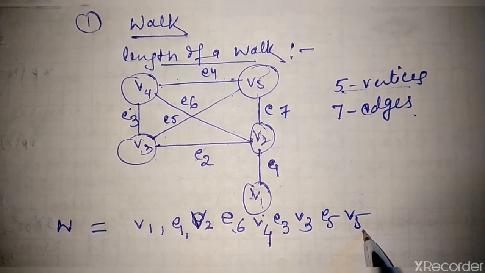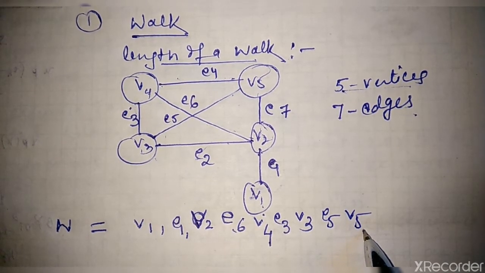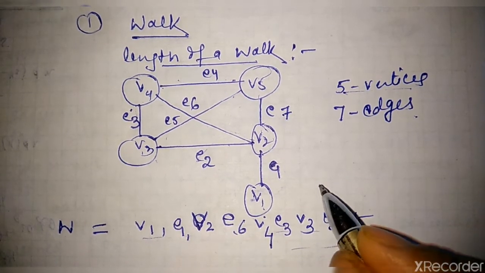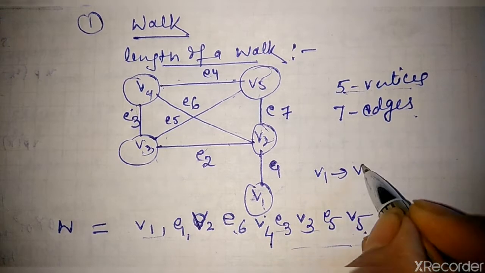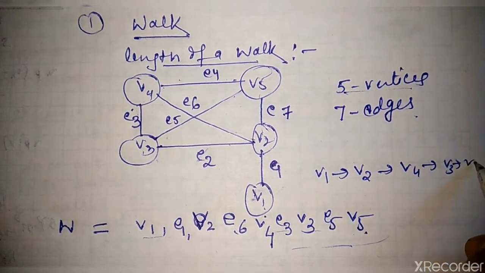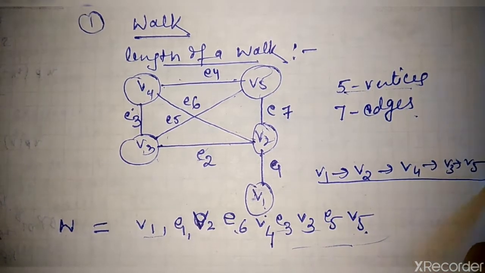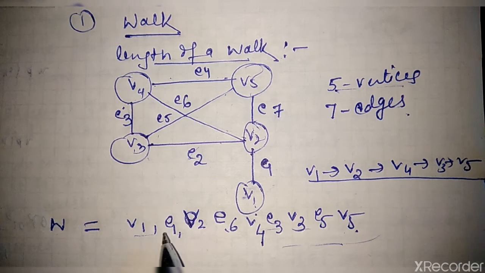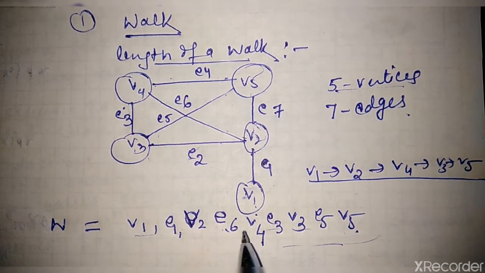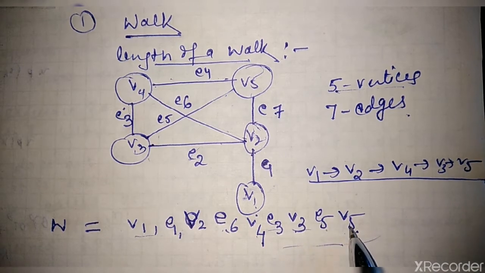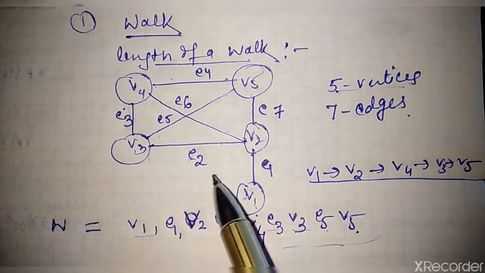The walk goes from V1 to V2, V2 to V4, V4 to V3 and then V3 to V5. We can write it as V1, E1, V2, E6, V4, E3, V3, E5, V5 from this figure.